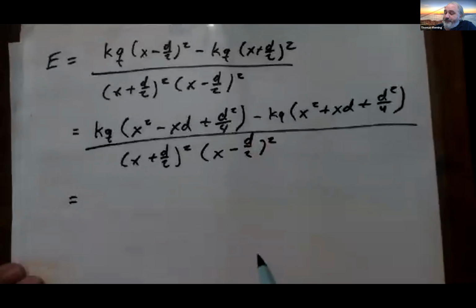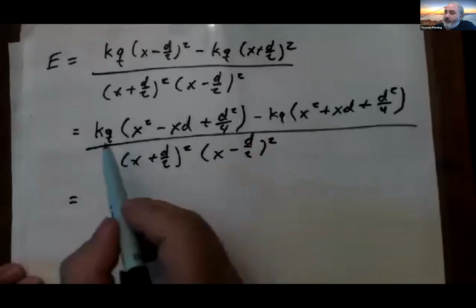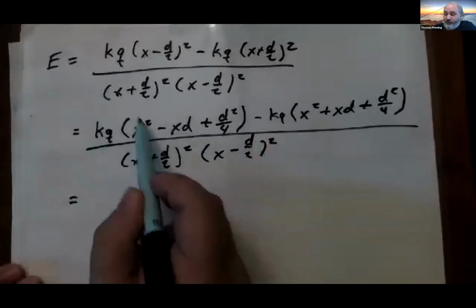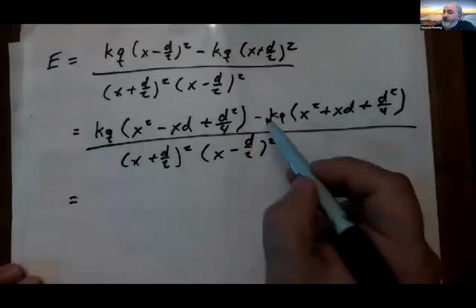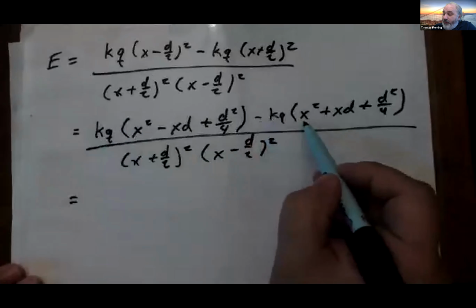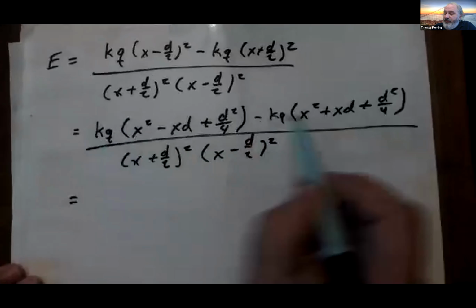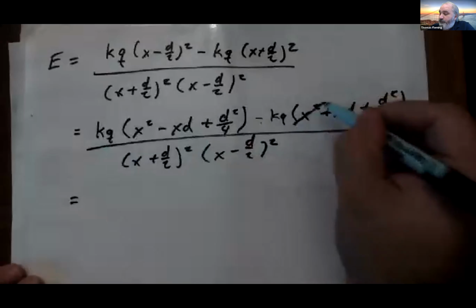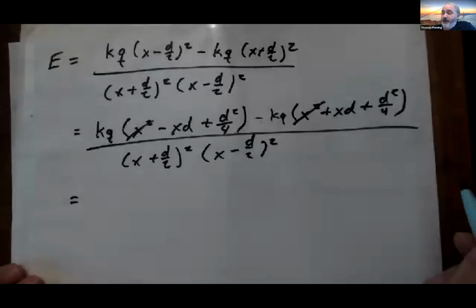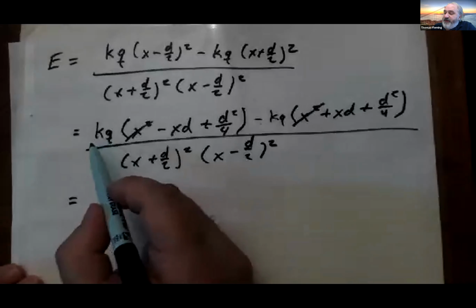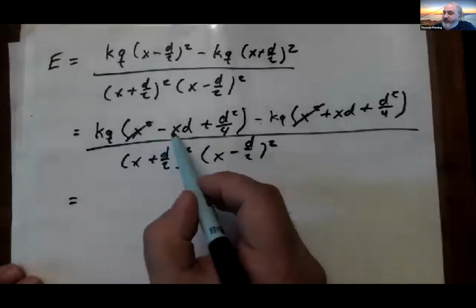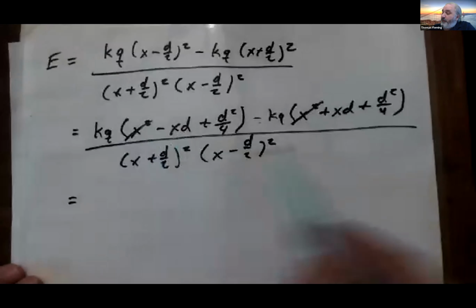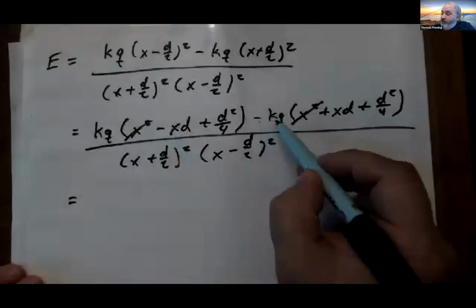When I multiply KQ through, I have KQ times x squared from this, but over here I have minus KQ times x squared, so those x squared terms cancel. That's better. Now I have KQ times negative xd, so negative KQxd, but over here I also have negative KQ times xd.